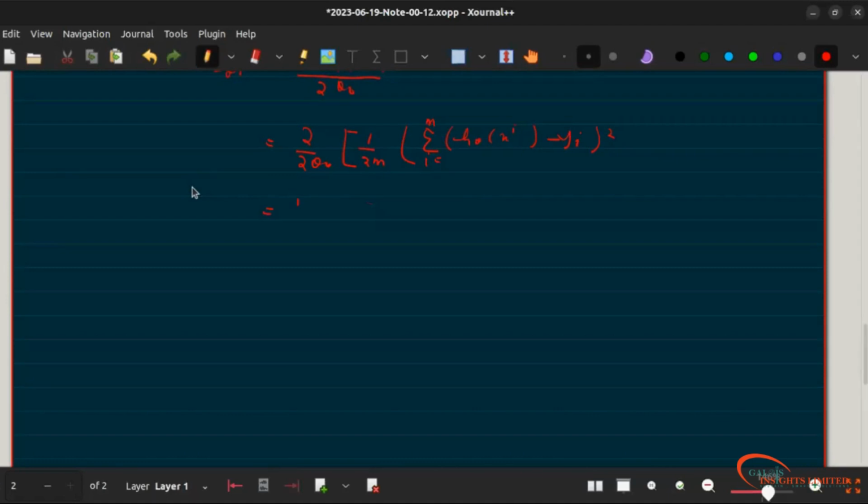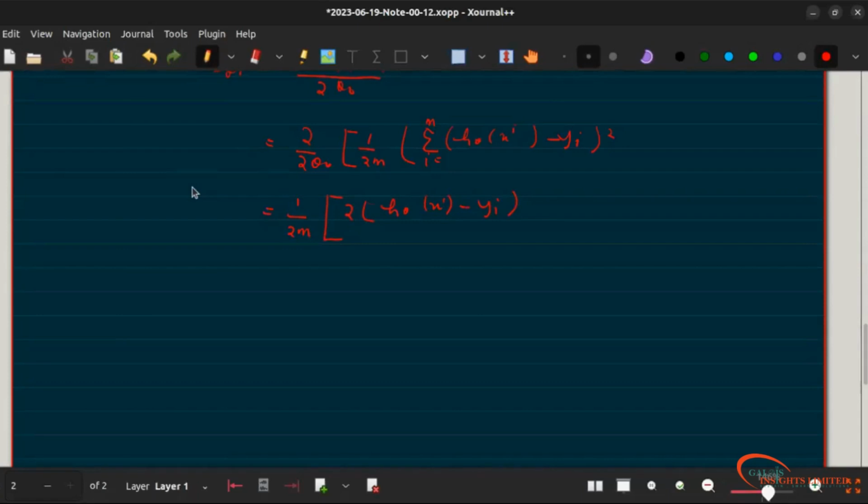So you get something like 1 over 2m. Then you'll be left with, so you take the derivative of that, you simply get 2 multiplying your hypothesis function minus your true values.